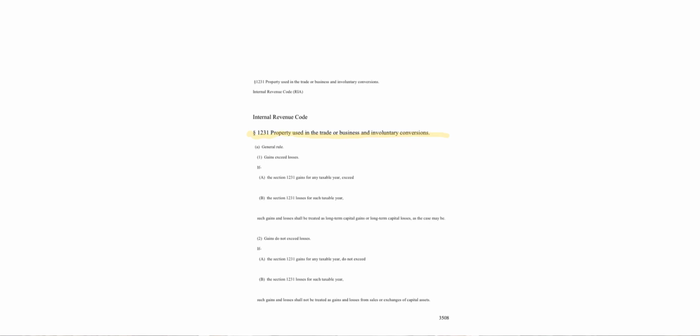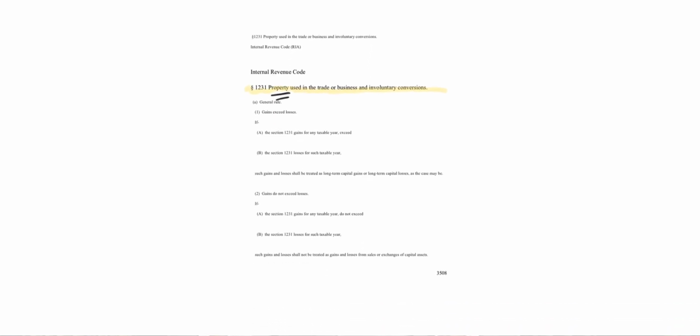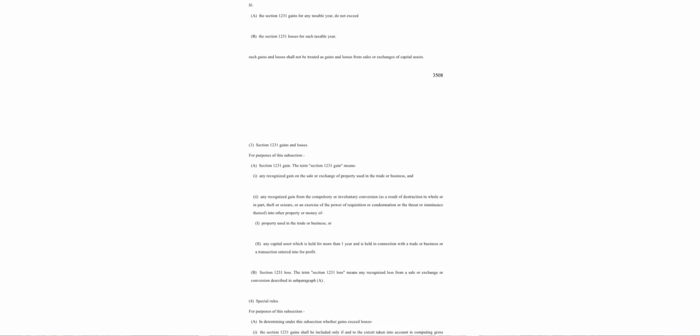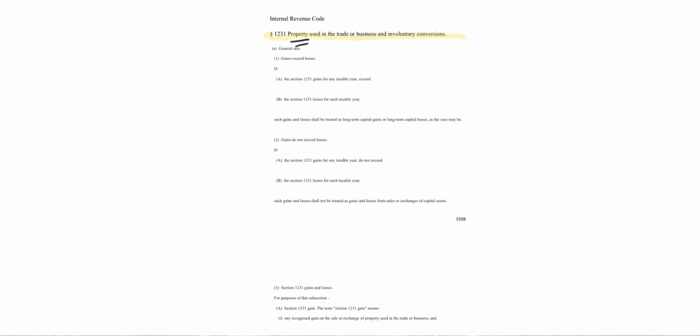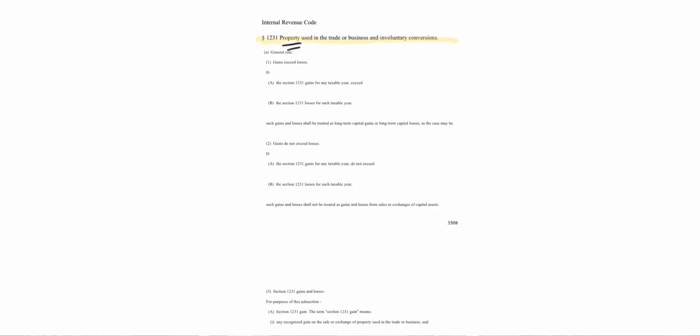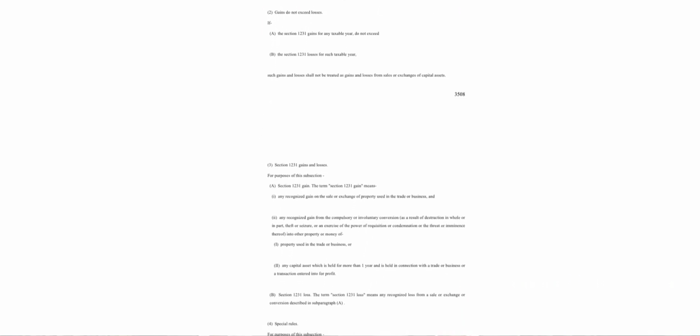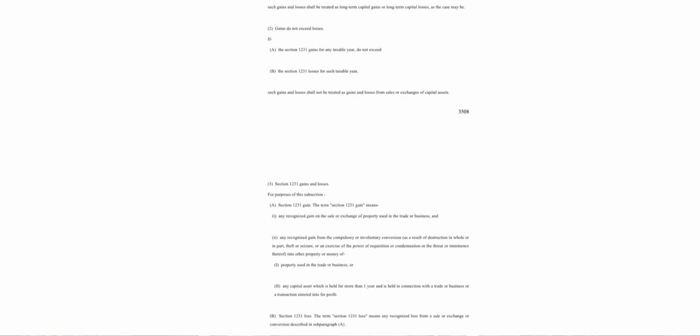Okay? Now, other thing, you see property. Remember, when you see property, we have to make the distinction between real property and personal property. Already did it earlier, right? Real is land and everything attached to land, and personal is everything else. But if you actually go through here and look, you go down to 1231 subsection A, paragraph 3, section 1231 gains and losses, and it starts defining things.